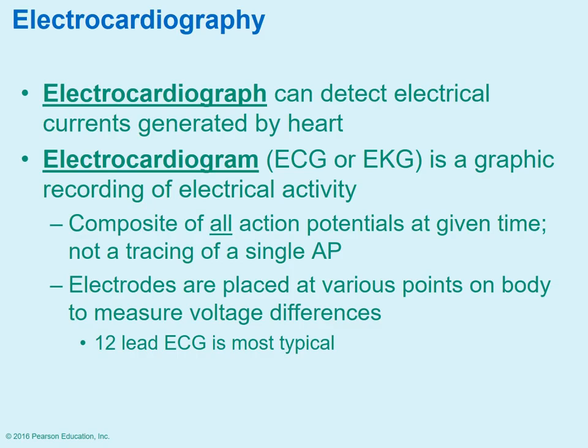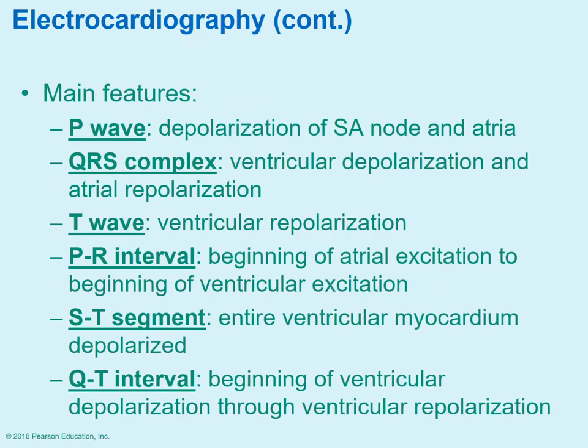It's not going to be a tracing of a single action potential, but a combination of all of them. To do an EKG, you're going to place electrodes on various points on the body. There's usually 12 that they will place, and so they can monitor the different voltage differences. When you look at the EKG, there's certain components that you should be able to recognize on there.